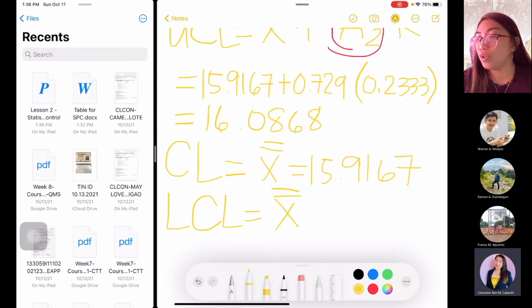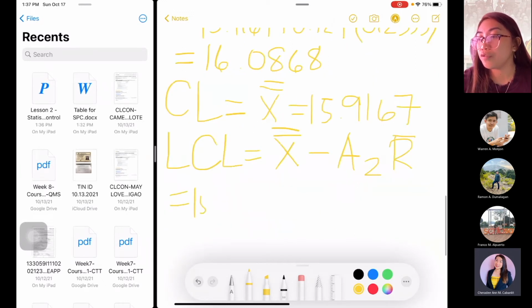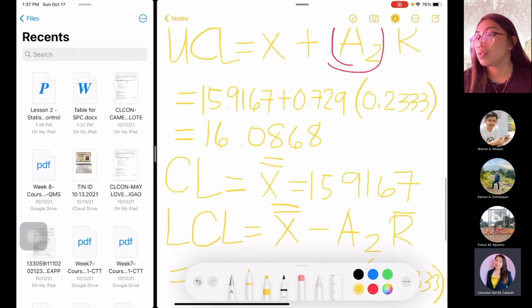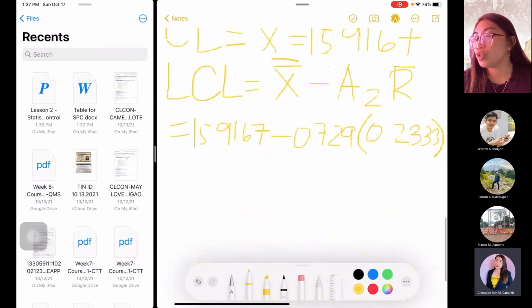So double bar X minus A2 bar R. It will be the same 15.9167, but this time minus 0.729 times your R, which is 0.2333.